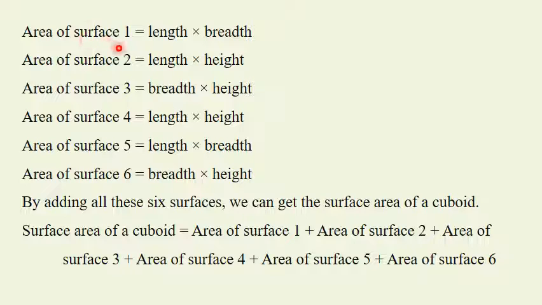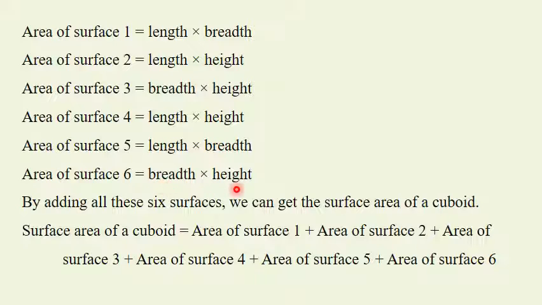Area of surface number 1 is equal to length into breadth, and the area of surface number 2 is equal to length into height. Area of surface number 3 is equal to length into breadth into height. Area of surface number 4 is equal to length into height. Area of surface number 5 is equal to length into breadth, and the area of surface number 6 is equal to breadth into height.